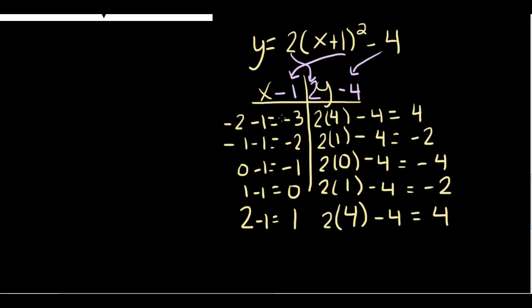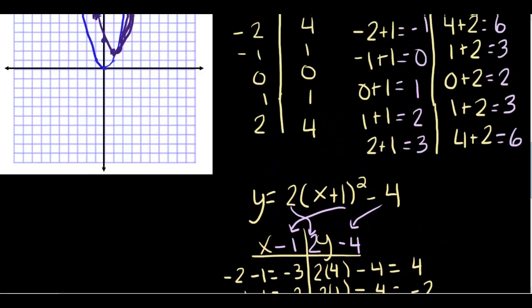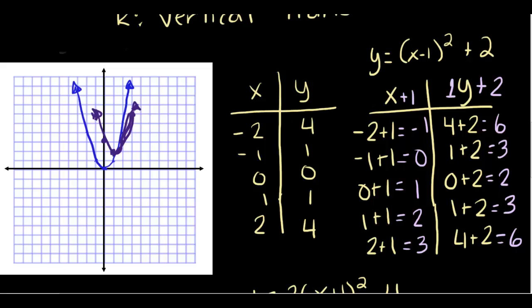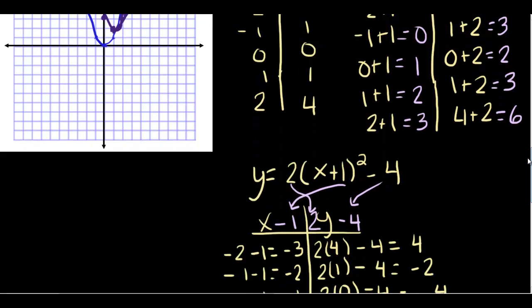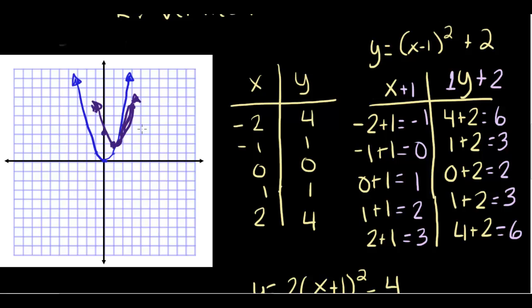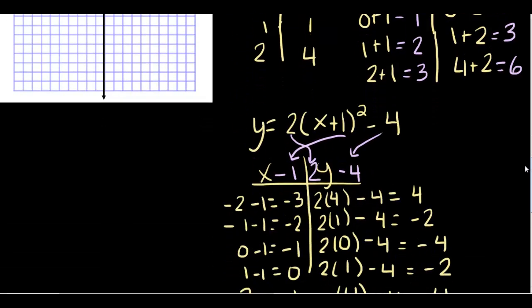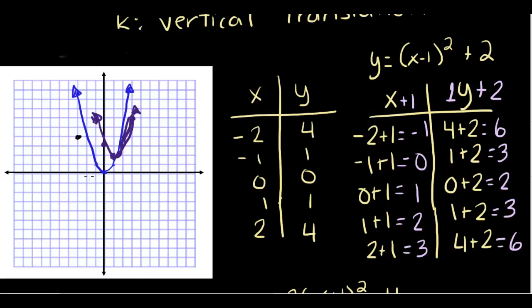So it's going to be negative 3, 4. And I'll use another color. Let me use black this time. Then my next point is negative 2, negative 2.